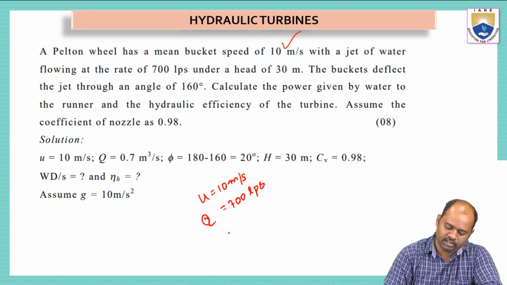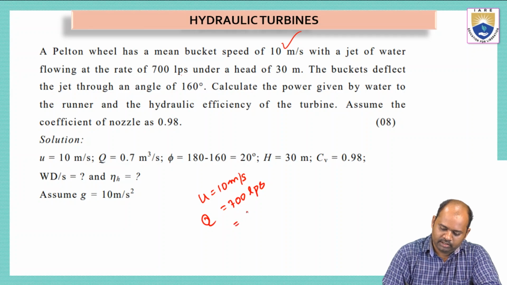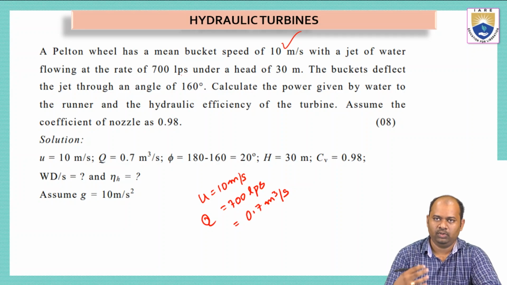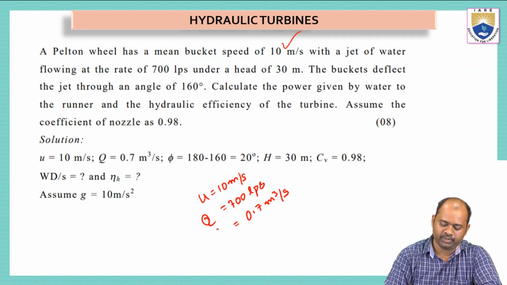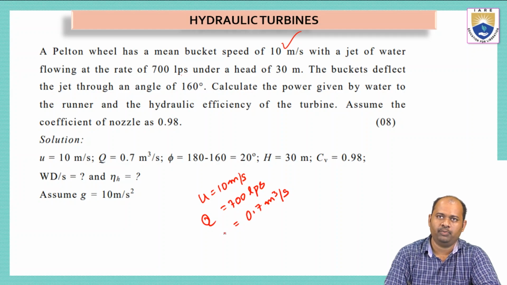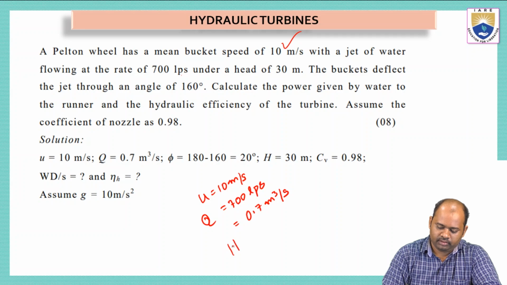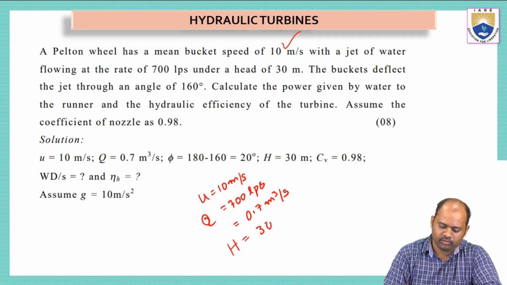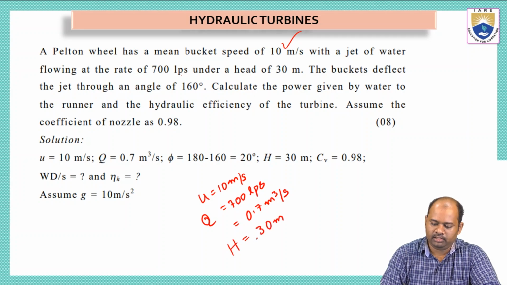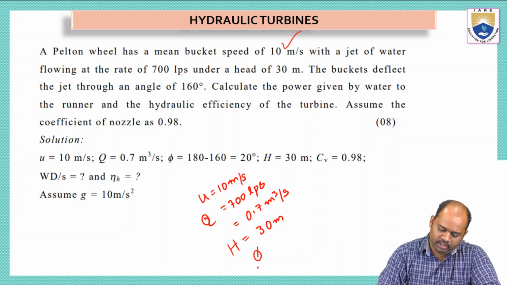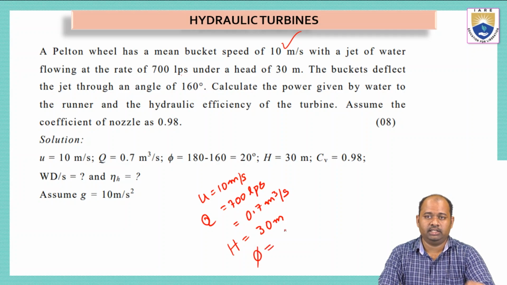This is discharge. This can be rewritten as 0.7 meter cube per second. So I have simply converted liters into discharge in meter cube per second. So Q is equal to 0.7. And then under a head of 30 meters, head is equal to 30 meters. And then the bucket deflects the jet through an angle of 160 degrees. Here phi is given as 160 degrees.